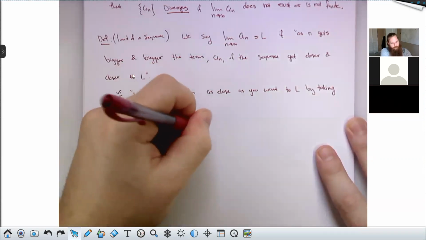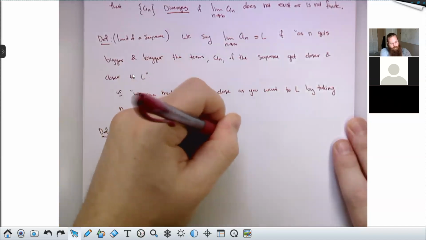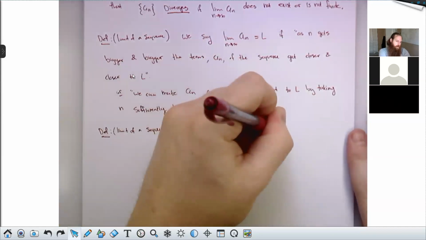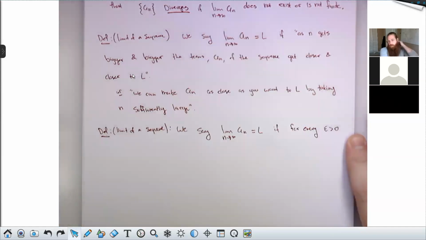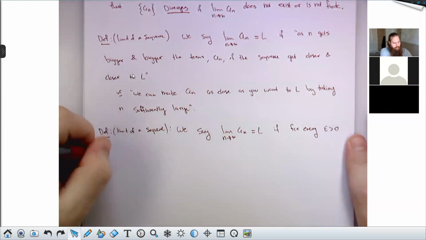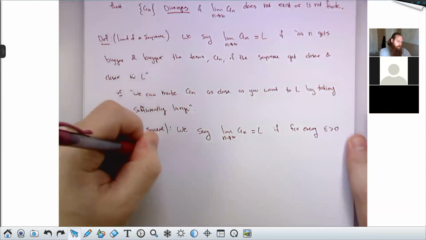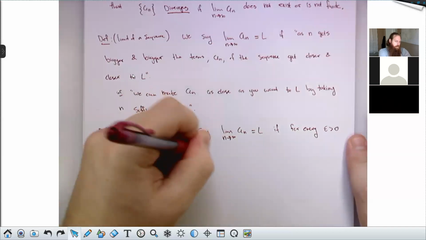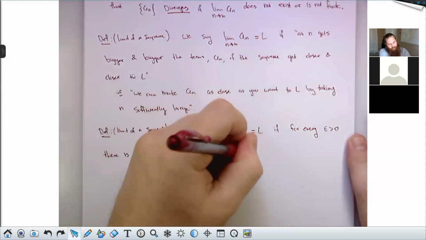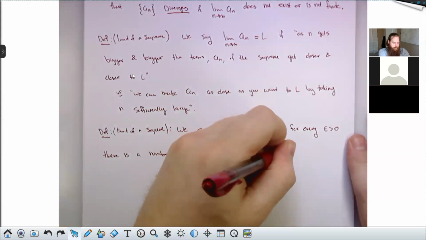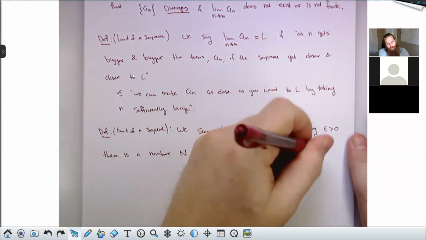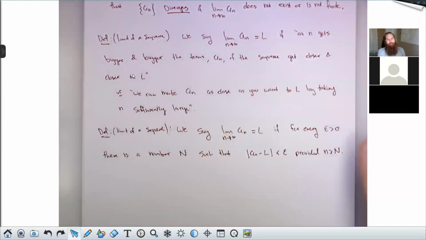Here we say, same thing, the limit as n goes to infinity of a_n equals L, if for every number epsilon greater than 0, so for every positive number epsilon, there is a number capital N such that |a_n minus L| is smaller than epsilon, provided little n is bigger than capital N. This definition tends to scare calc students because you're not used to working with epsilons.